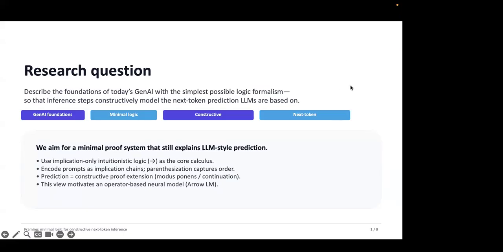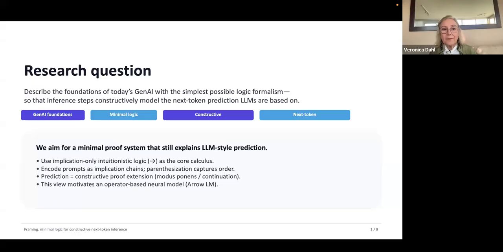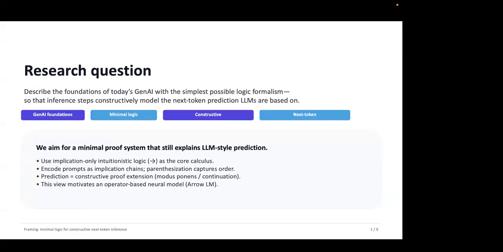So the research question is about describing the foundation of today's generative AI, the foundation model, which is to predict the next word or token or state of the word in terms of where things are heading, with the simplest possible logic formalism, so that inference steps constructively model the key element in the foundation of generative AI that made it all happen, which is the next token prediction.